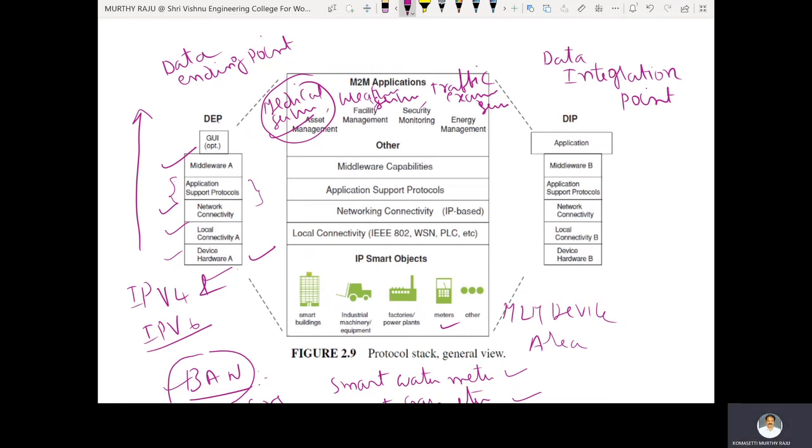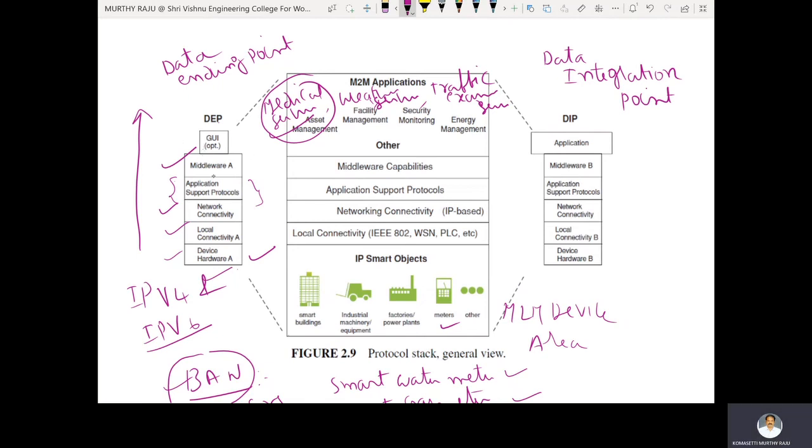In the middleware, we process the data and store the data. So many applications are attached to the middleware layer. It is a mediator interface that enables the interaction between the internet and the things. Middleware provides solutions to frequently encountered problems such as interoperability, security, and dependability.